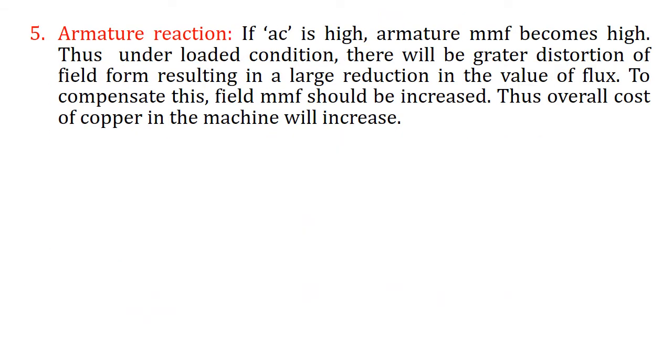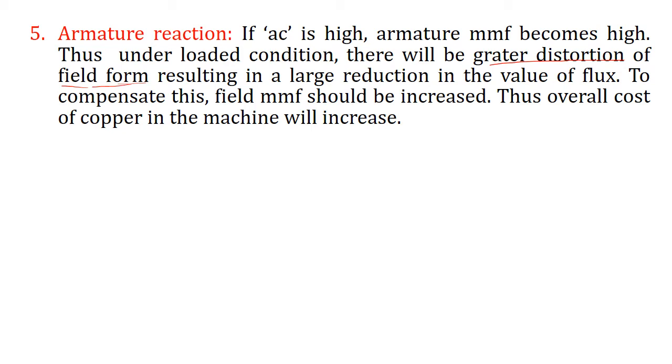Next point is armature reaction. If the value of AC is high, then the armature MMF becomes high. This leads to reduction in main flux due to the effect of armature flux. That means greater distortion will be there in the field form.